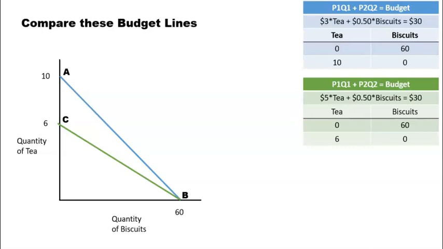And as we see, our blue, where our tea is $3, I have labeled the AB line. And then our green, where our cup of tea is $5, is our BC line.